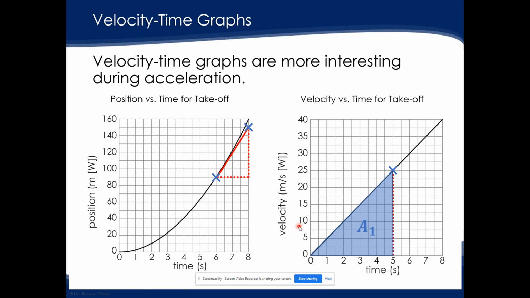Or we take our velocity versus time graph for a takeoff, and it's actually giving us that velocity slope that we were trying to calculate here, and then we can calculate the area underneath of it.